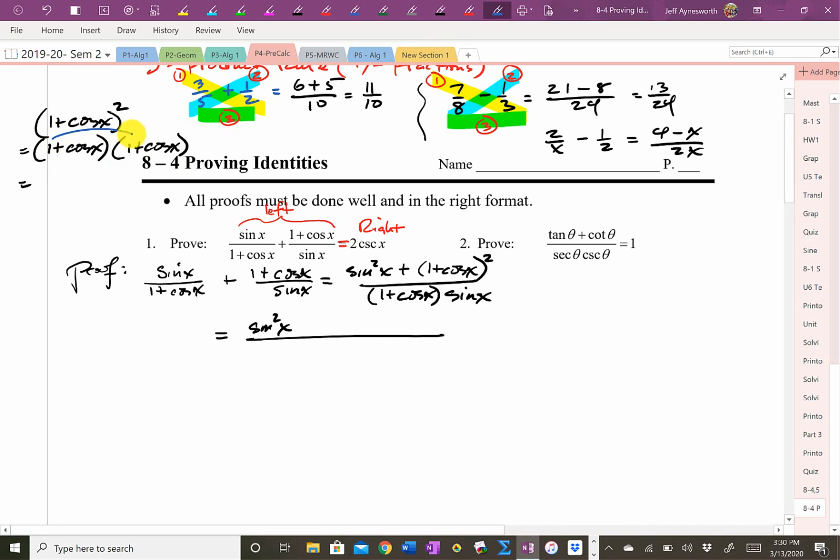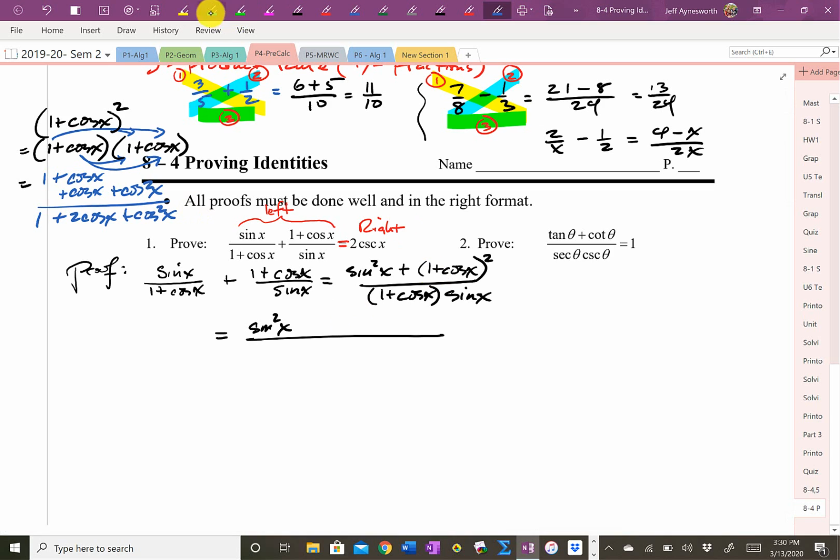And you get 1 times 1, which is 1, plus 1 times cosine x, which is cosine x, plus cosine x times 1, which is cosine x. And then cosine times cosine is plus cosine squared x. What do you get? You get 1 plus 2 cosine x plus cosine squared x.